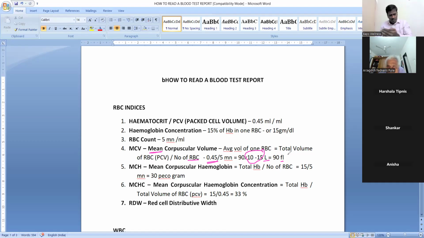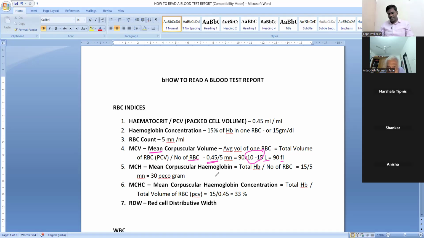When it goes down, it is femtoliter. That is 10 to the power of minus 15. So it gives the volume of an individual RBC.